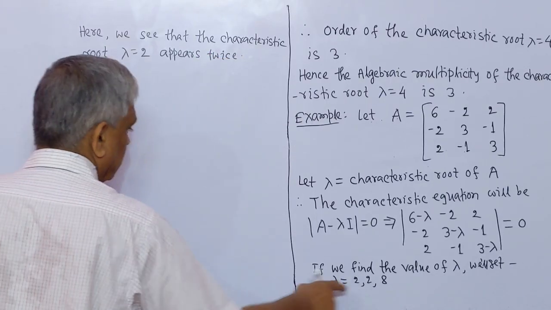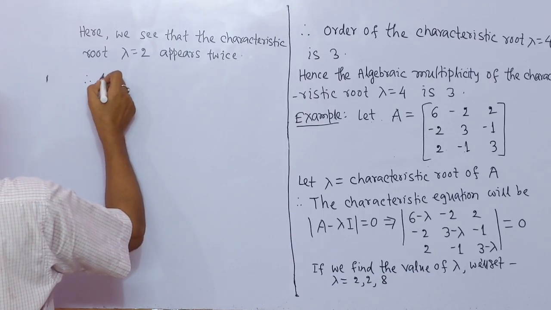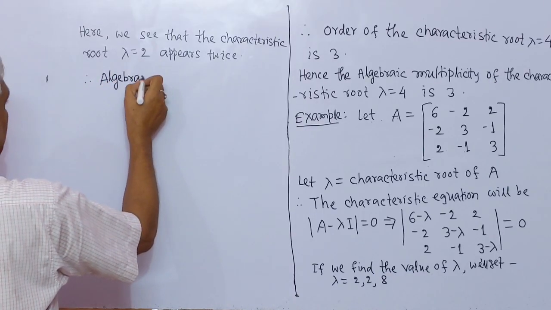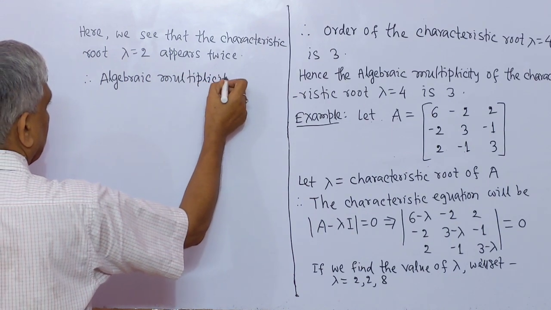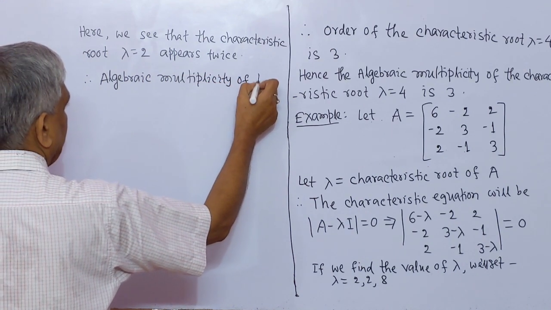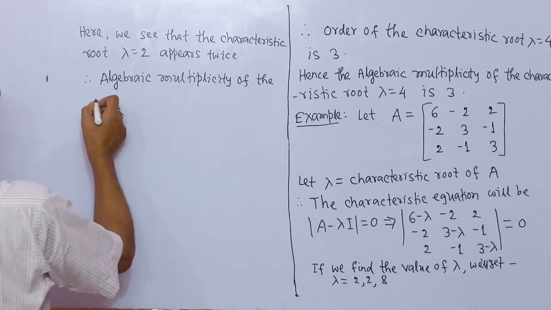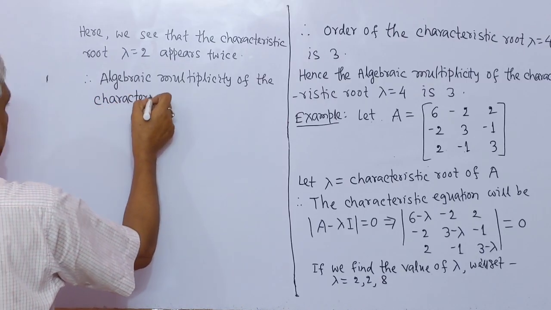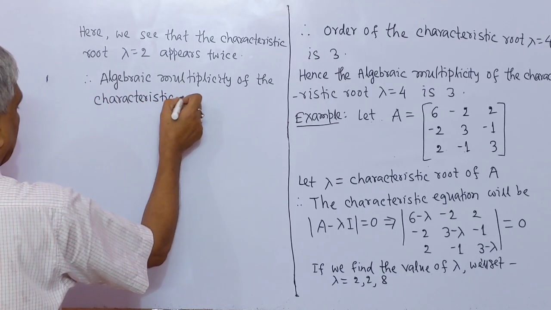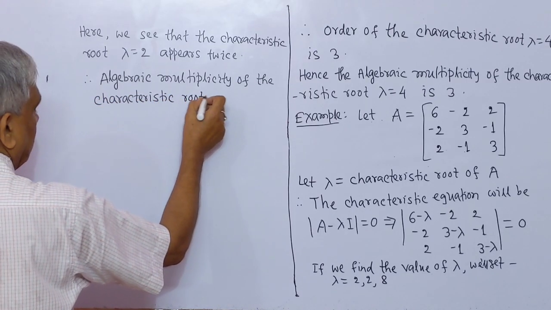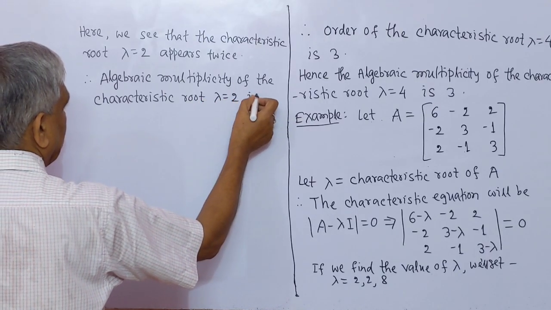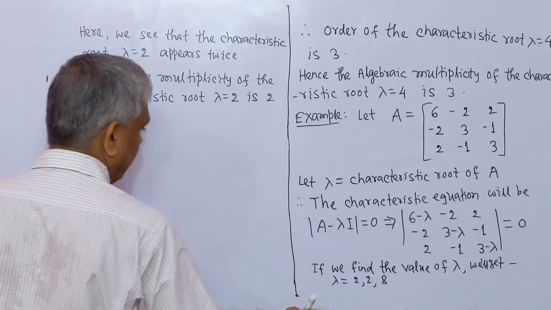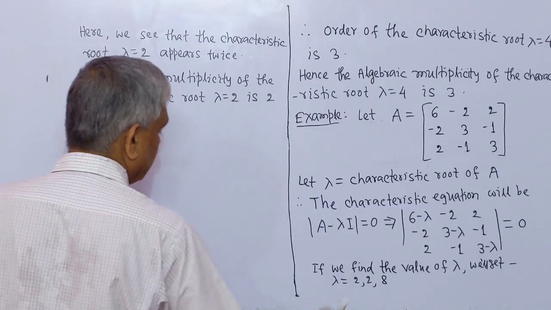Therefore, the algebraic multiplicity of the characteristic root lambda equals 2 is 2, as it repeats twice.